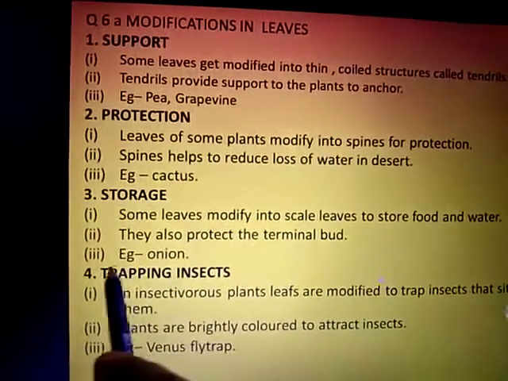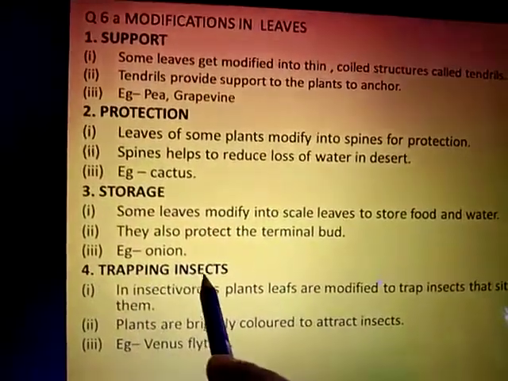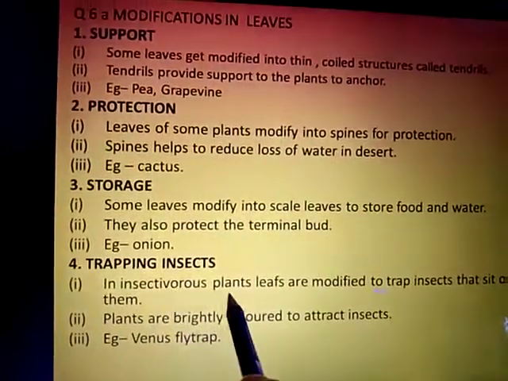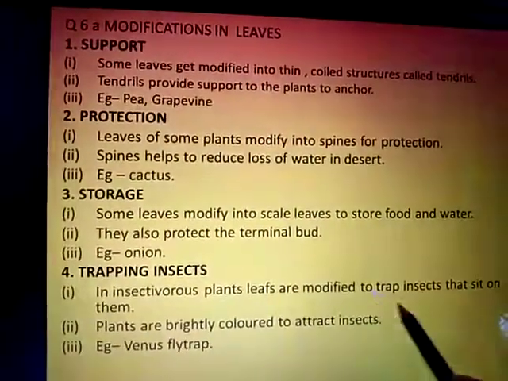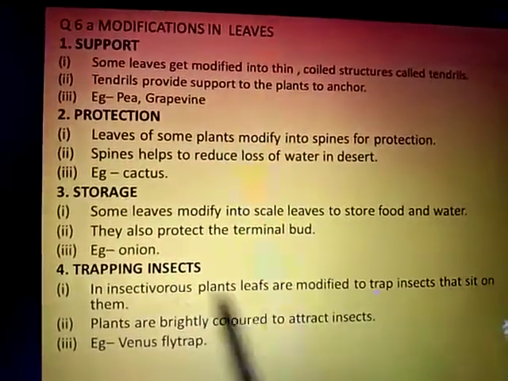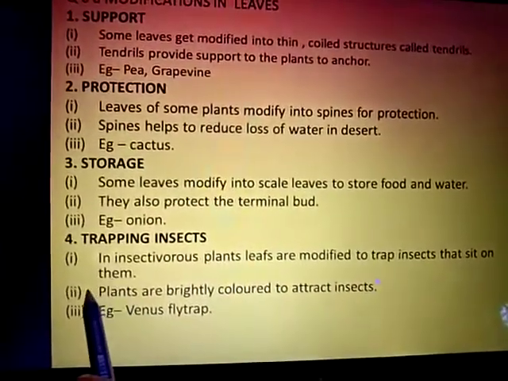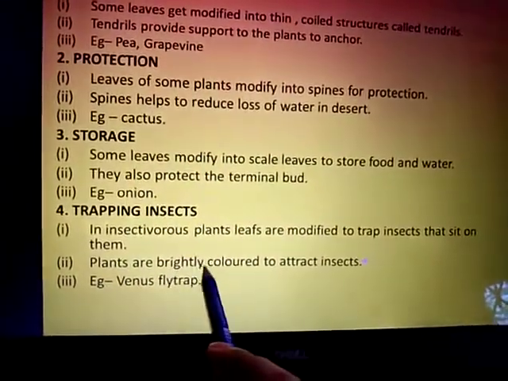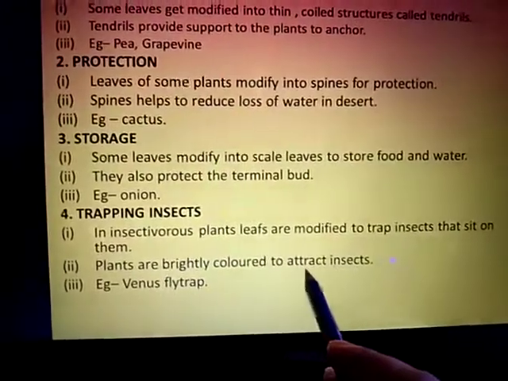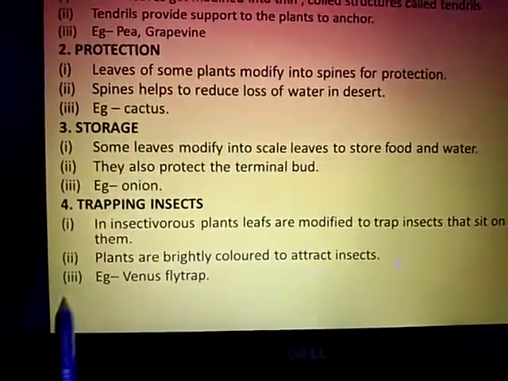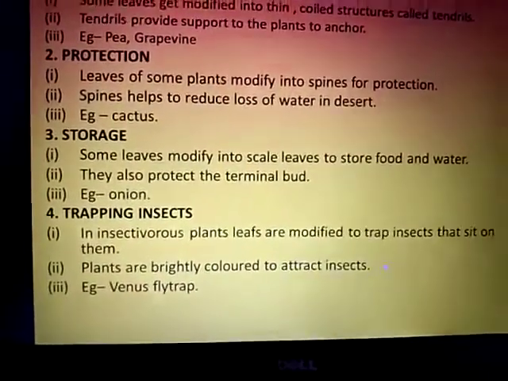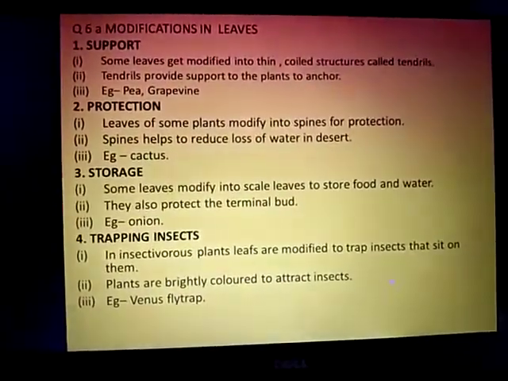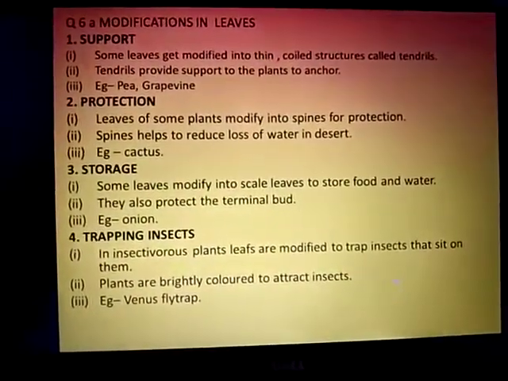Example, onion. Number 4, trapping insects. In insectivorous plants, leaves are modified to trap insects that sit on them. Plants are brightly colored to attract insects. Example, Venus flytrap. This is the answer for the answer in detail number 1, 6a.